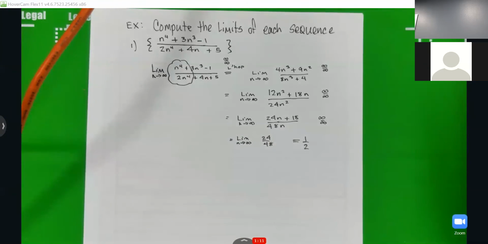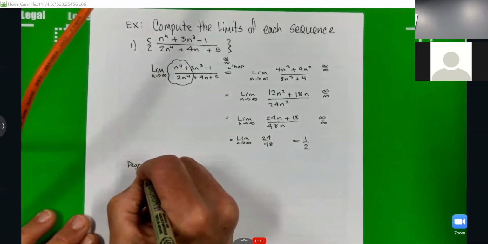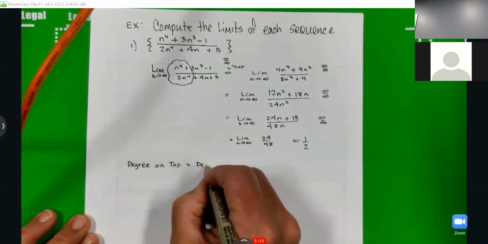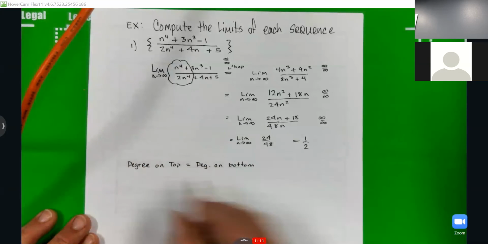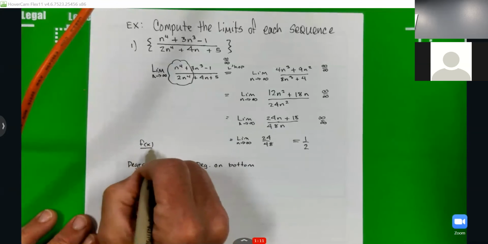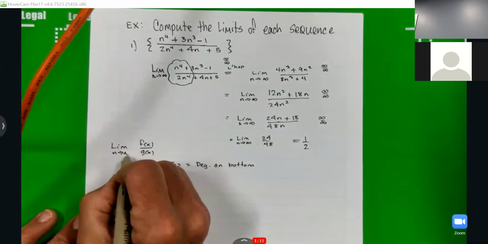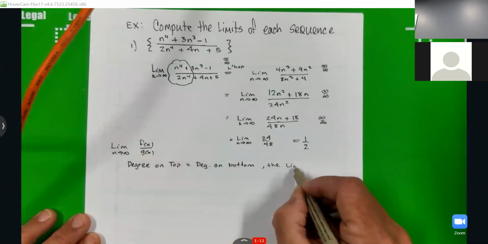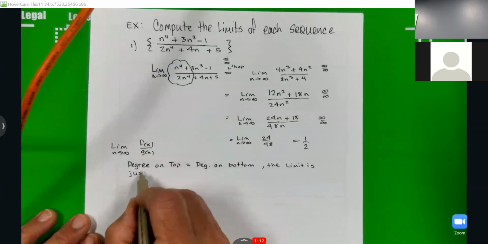So if you have polynomial type things, and if you have the degree on top equal to the degree on the bottom, say of f of x over g of x, then the limit is just the ratio of the coefficients of the highest power of x.